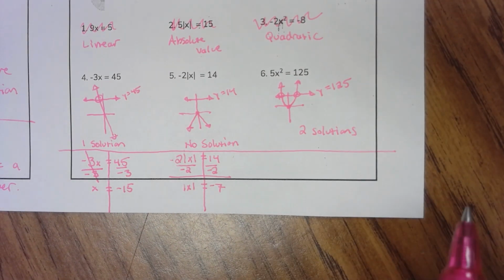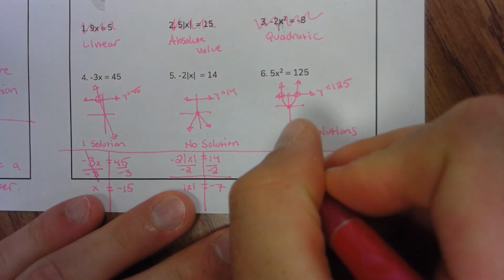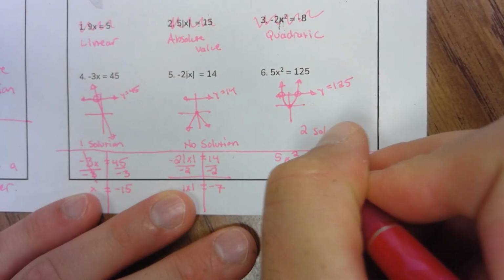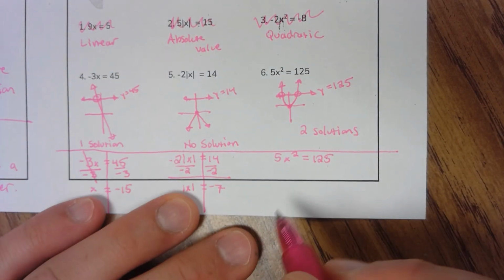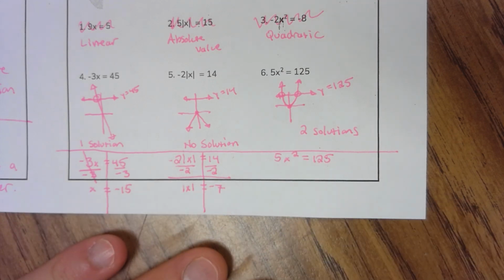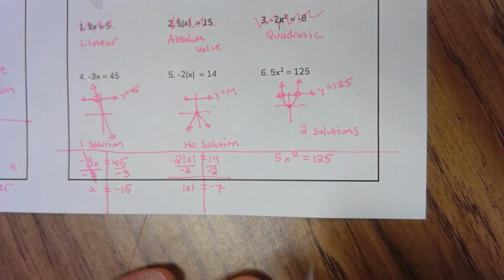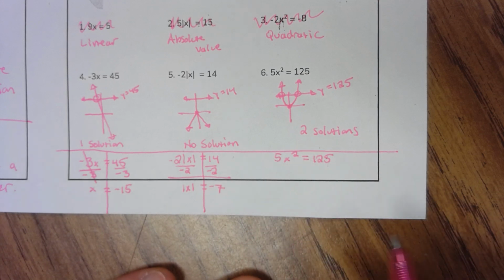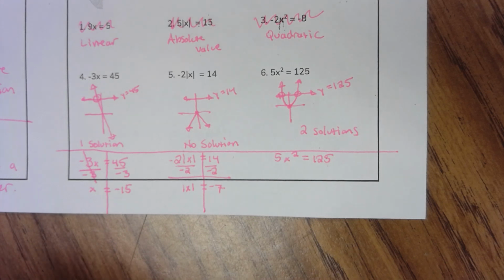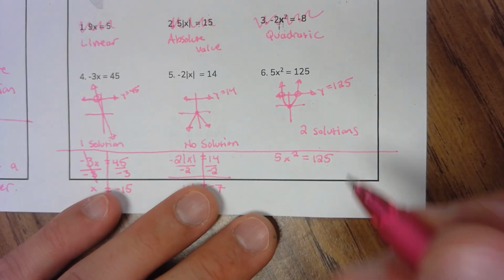Okay, last one: 5x squared equals 125. Let's rewrite it. And again, there's two ways that we can jump in here. When I see 5x squared, that means 5 times x squared. So I can think about 5 times what number is 125. That's not an easy fact that I would know, right? It would be 25.